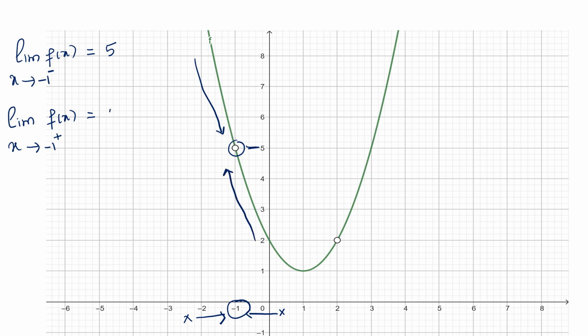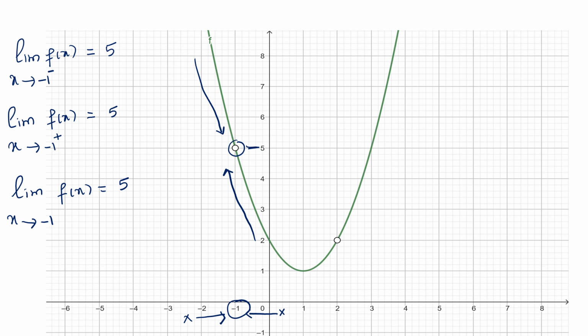Again here it is 5. The left limit and right limit are both equal. So the limit as x tends to minus 1 of f of x is equal to, both are equal, no? So we can say 5. In the previous example, both were not equal, so the limit does not exist. Here both values are equal.